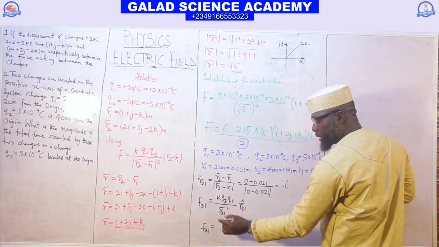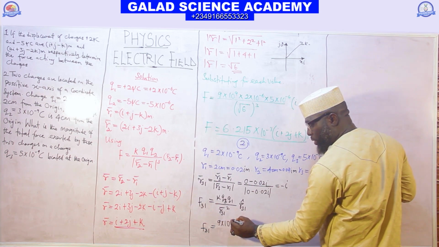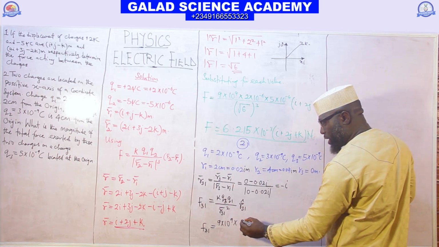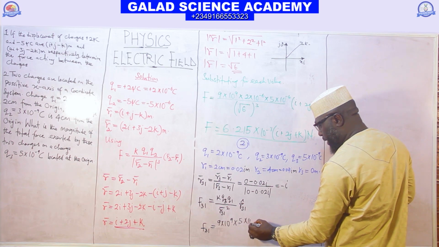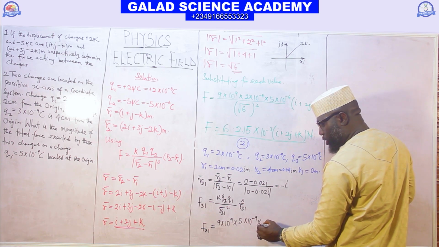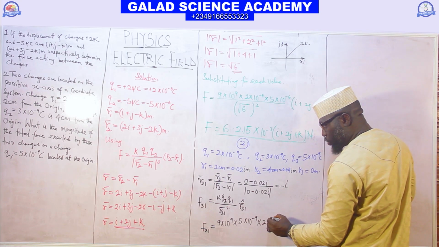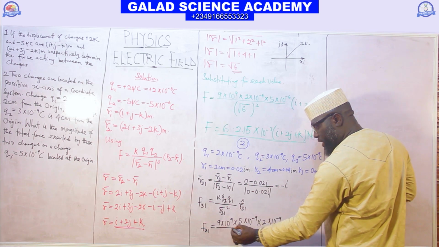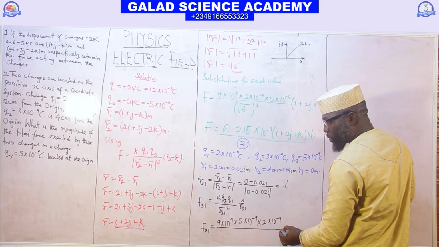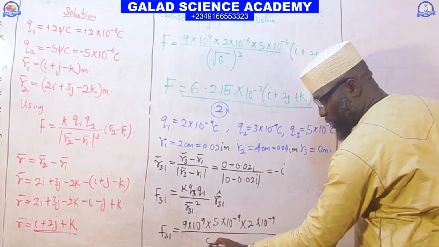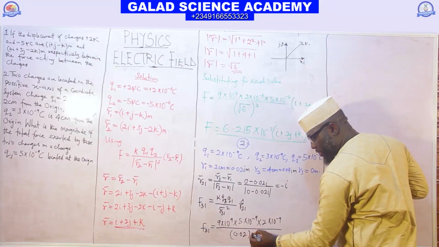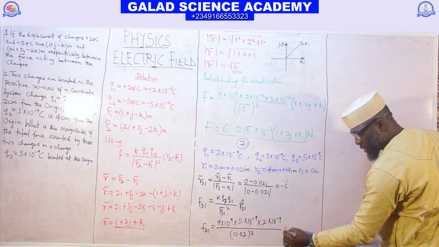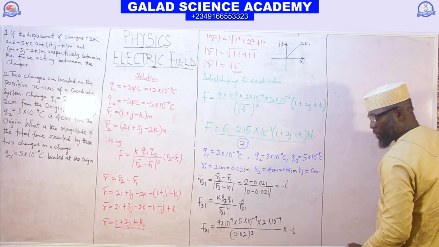So by going with this, we will end up with the force on 3 from 1: 9 times 10 raised to power 9, into Q3, sorry, which is 5 multiplied by 10 raised to power minus 9, times Q1, which is 2 times 10 raised to power minus 9, everything over 0.02 squared, times the R unit here, which is minus 1i.